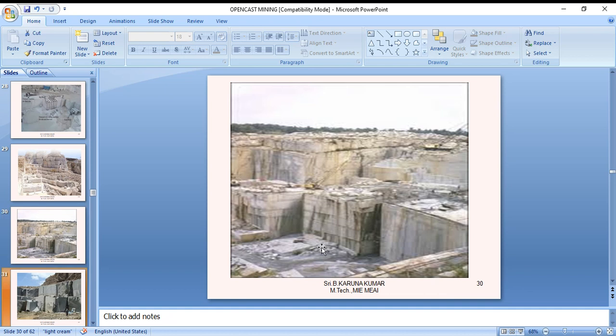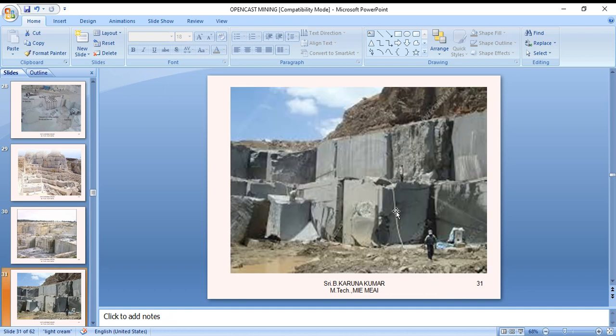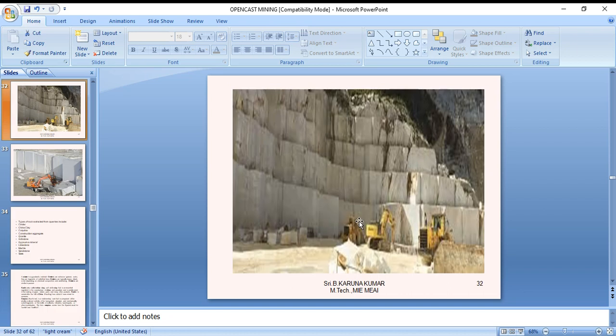So this is another granite. This granite is also a granite piece. Most of the Karimnagar and Khammam granite is the most popular. They are exporting to foreign countries like China. Then this is also one of the models of the marble.